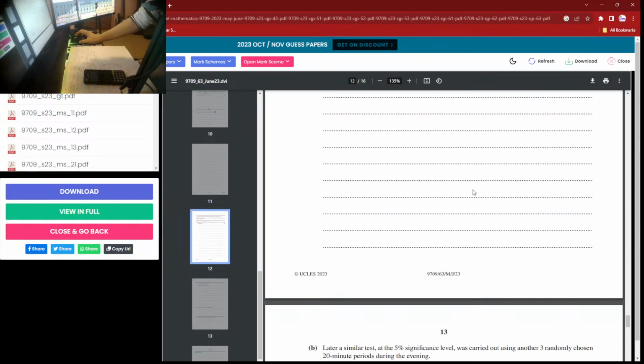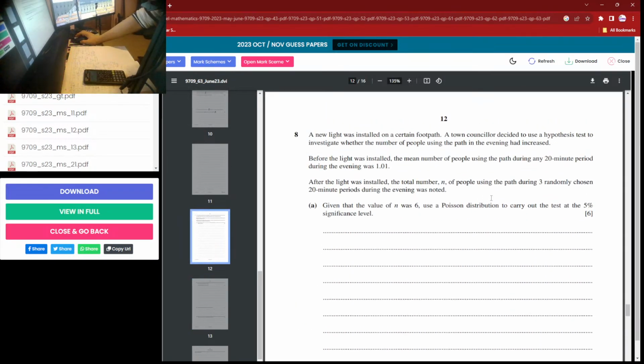So type 2 error is that the number has not increased. What further information do we need to find that it has not increased? Exact value of people using the pathway, I guess.